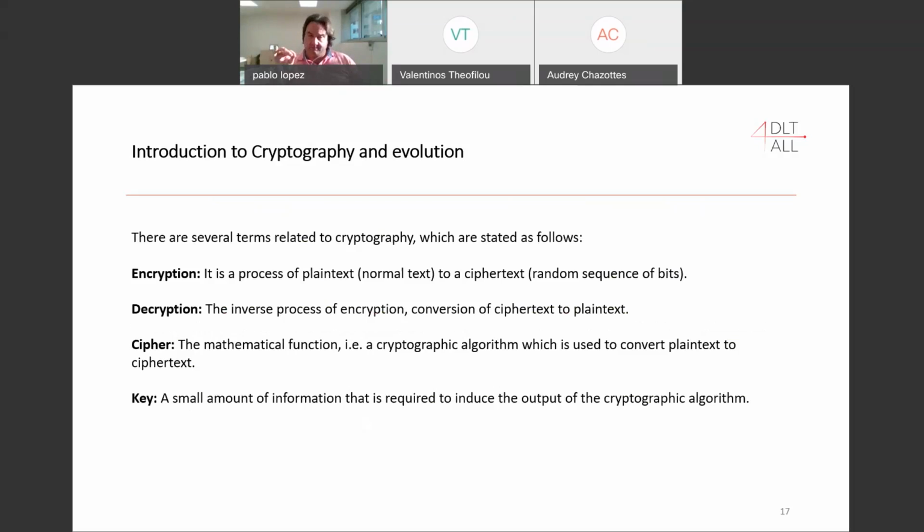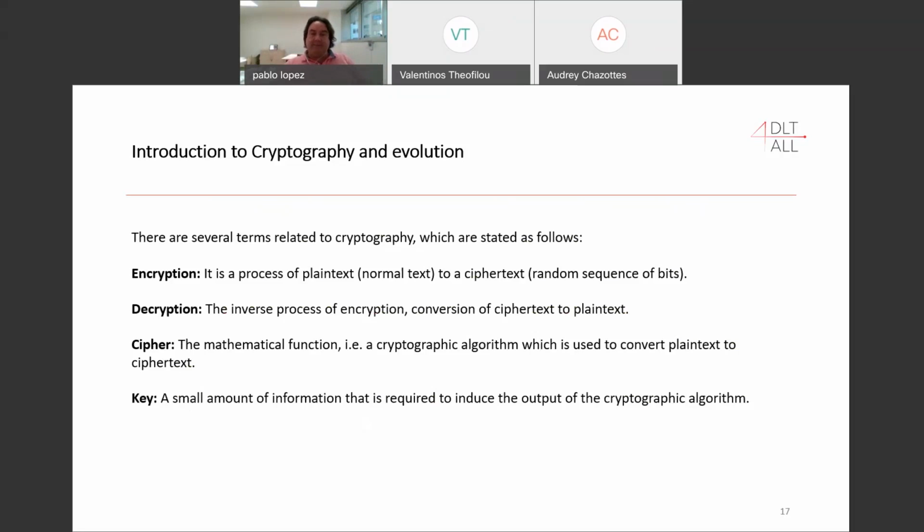Encryption is the process of converting plain text, normal text, to ciphertext, a random sequence of bits. We move this data to bits. Decryption is the inverse process: we start with the random sequence of bits, ciphertext, and convert it back to plain text.